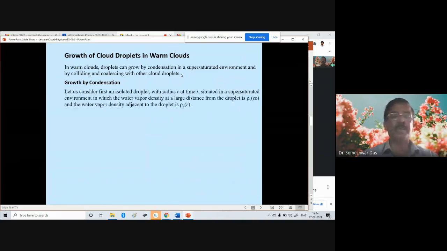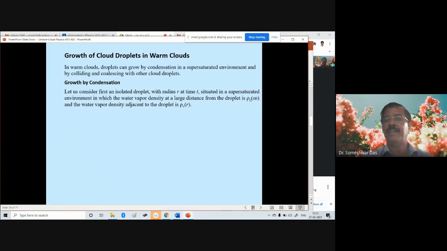Okay, now let's talk a little bit in detail about the growth of droplets by condensation. Let's consider first an isolated droplet with radius r at a time t, situated in a supersaturated environment in which the water vapor density at a large distance from the droplet is rho v infinity.